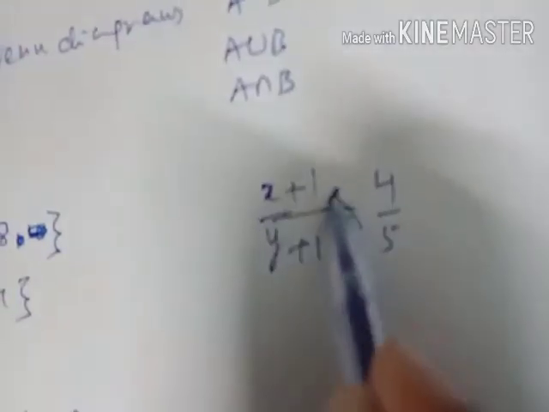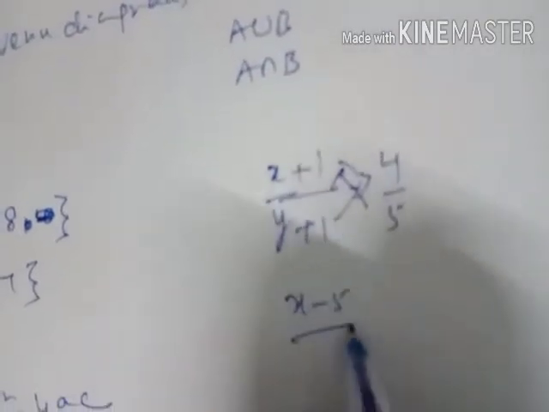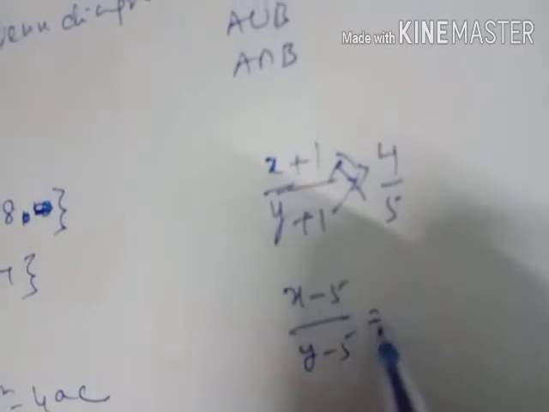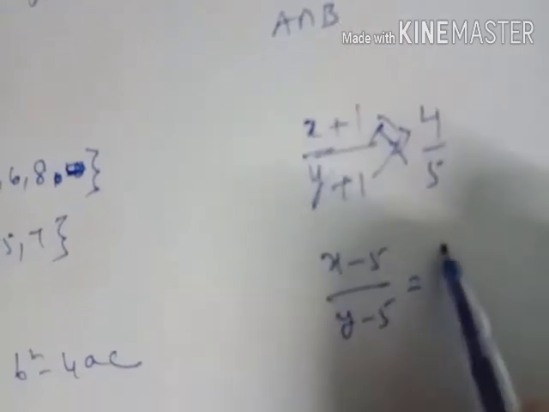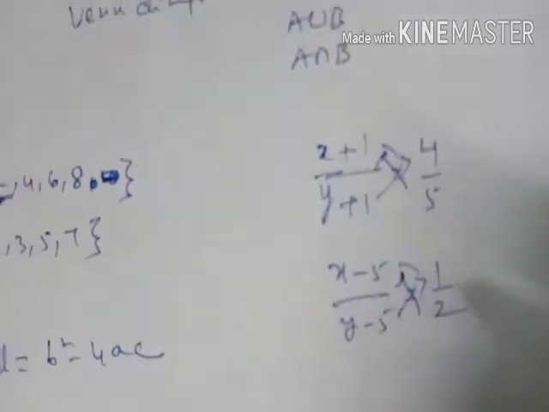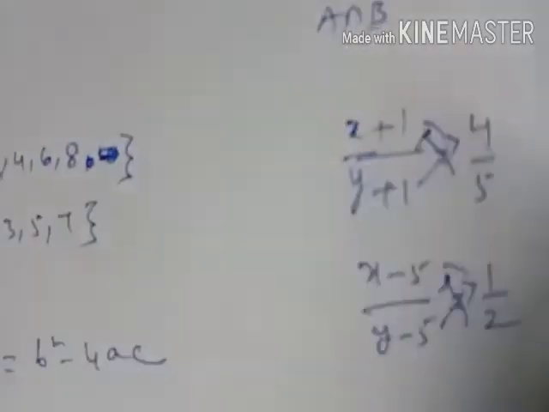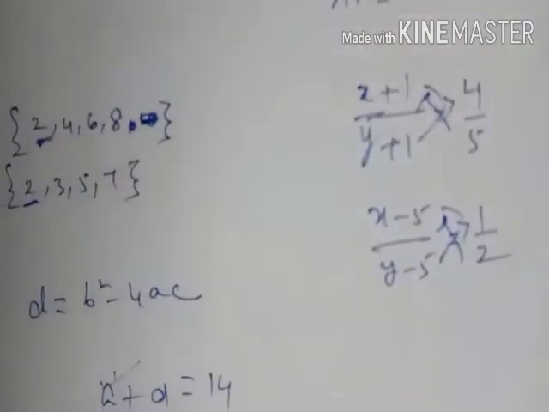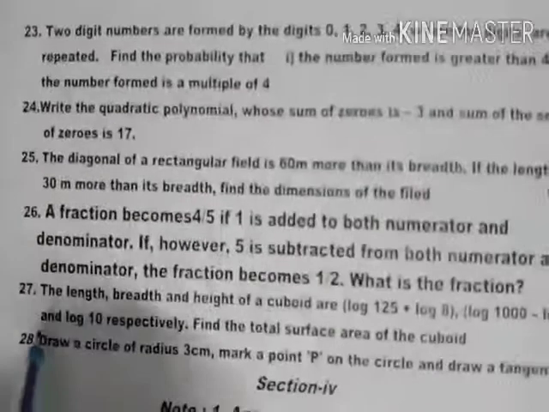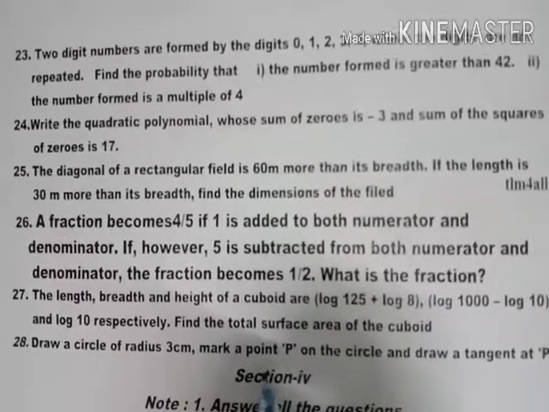So we can cross multiply, we will get the simple equation. So when you are subtracting 5 from both numerator and denominator, we will get which equals to 1 by 2. So we will get again after cross multiplying we will get one equation. If you solve 1 and 2, we will get the solution. And the 27th question, which is in the application of logarithms.